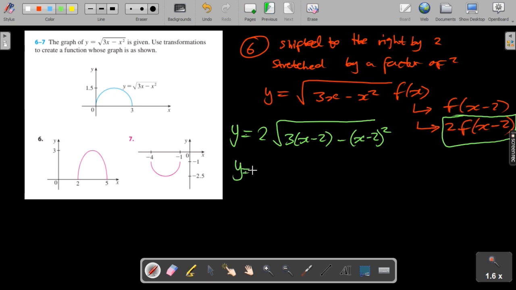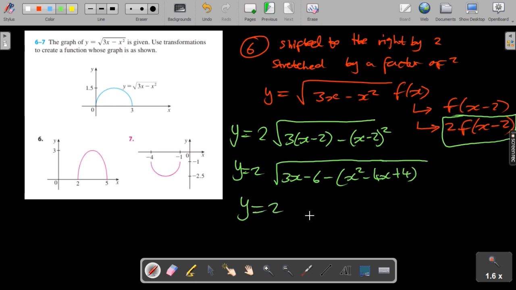We're going to have y equals 2 times, and in here we can multiply through, which is 3x minus 6, then minus x squared minus 4x plus 4. And we can add everything inside. You're going to have negative x squared. You're going to have a positive 4x, minus minus.